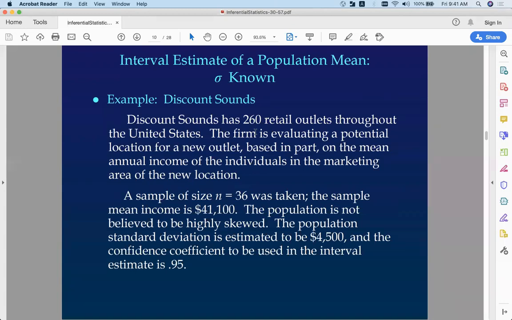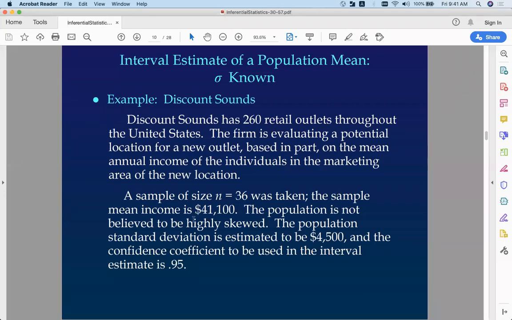The firm is evaluating a potential location for a new outlet based in part on the mean annual income of the individuals in the marketing area of the new location. So they are trying to find the mean annual income of the individuals in the marketing area of the new location. A sample size of n equal to 36 was taken.